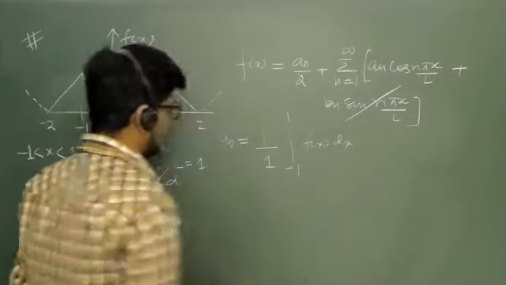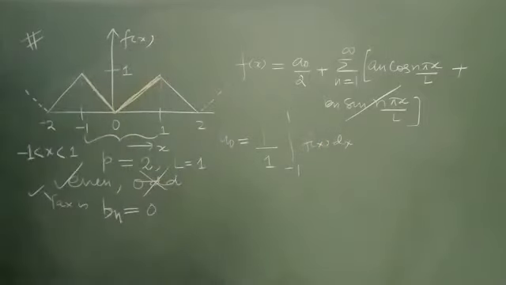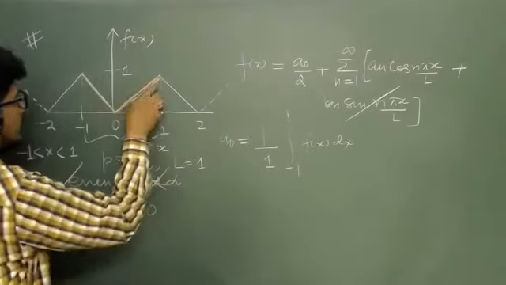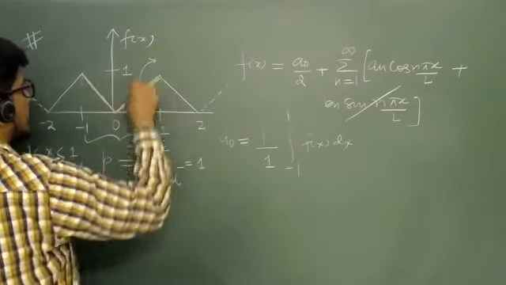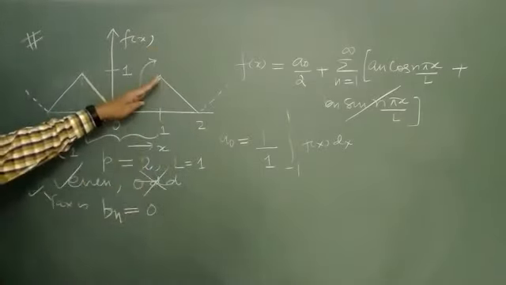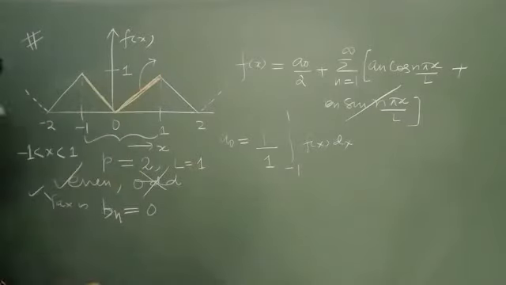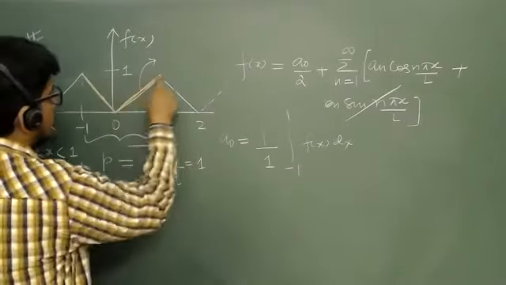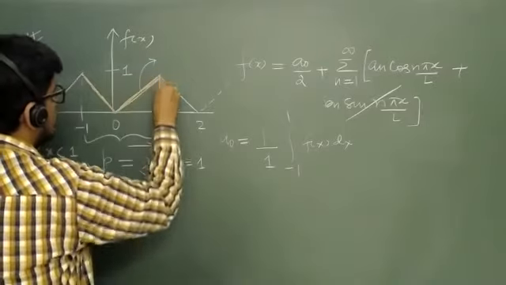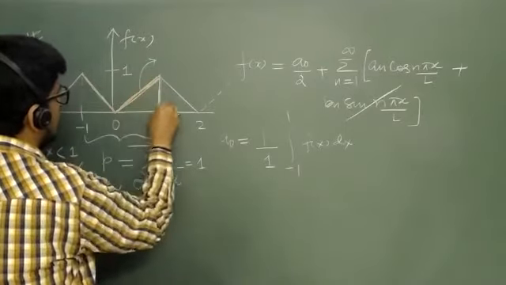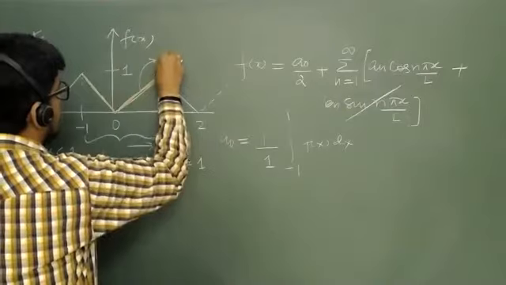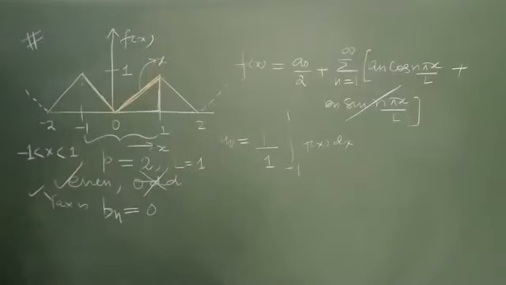And what will be this function? Can anybody tell? This is positive slope or negative slope? Positive slope, and the slope value is 1, right? 1 upon 1 is 1. So this is x, right? The function is x in this domain.